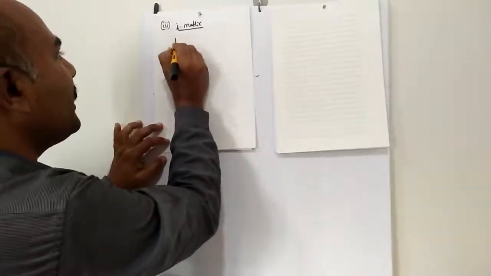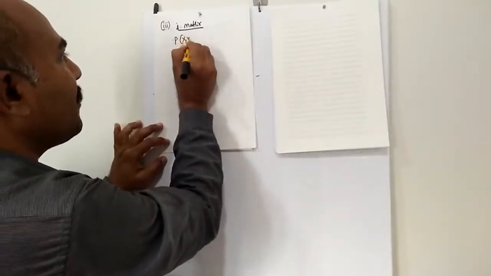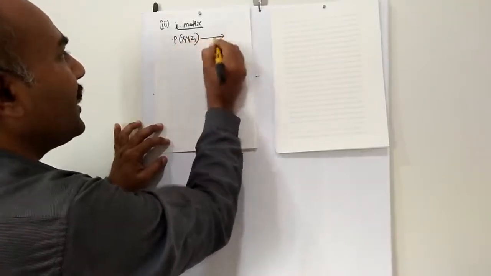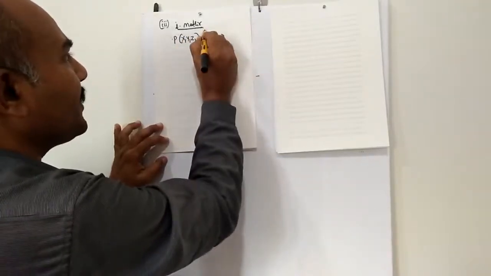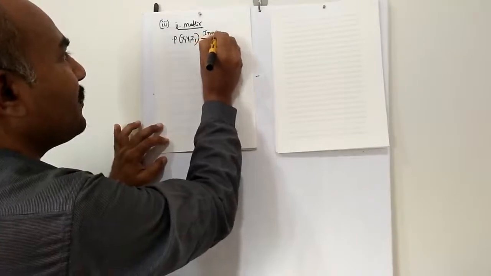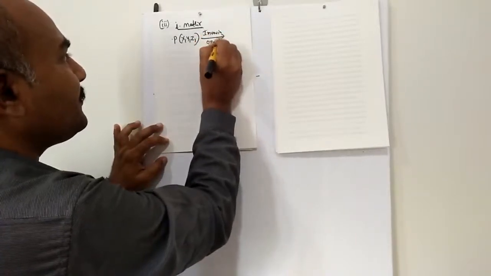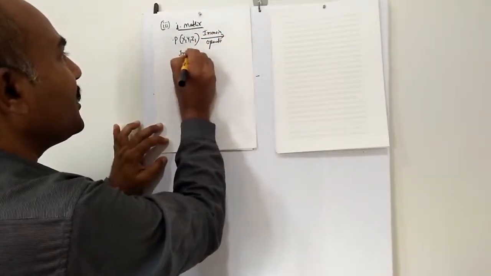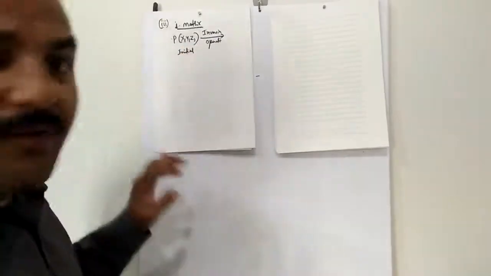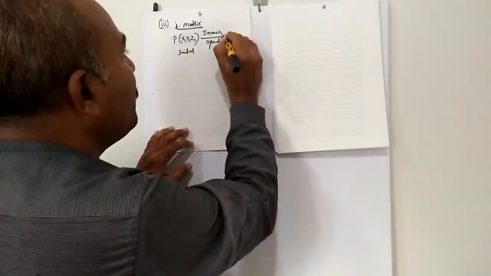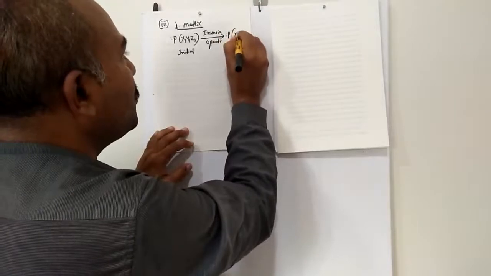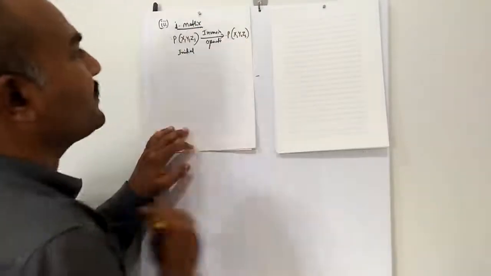Consider a point P with initial coordinates x1, y1, z1. Now you do the inversion operation. These are the initial coordinates of the point P, and the coordinates will change to x2, y2, z2 after the inversion operation.